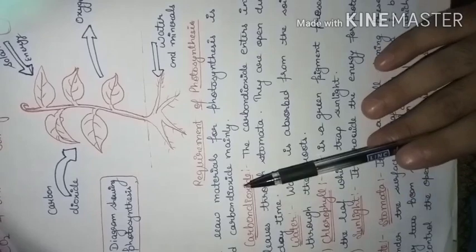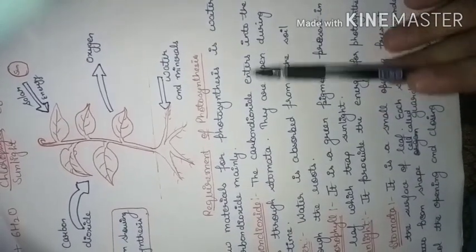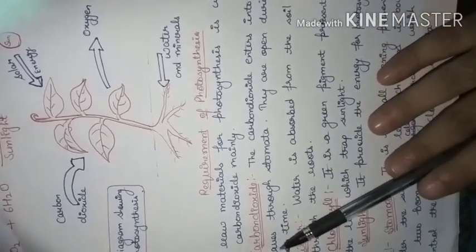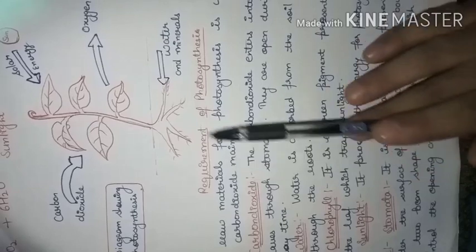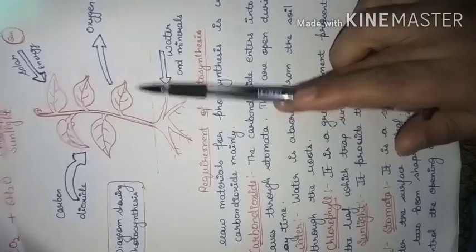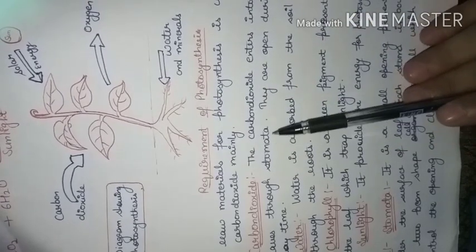Now carbon dioxide is a gas which is present in our atmosphere. Carbon dioxide present in the atmosphere enters into the plant through the leaves. At the bottom of these leaves, they contain minute tiny holes, and those tiny holes are referred to as stomata.